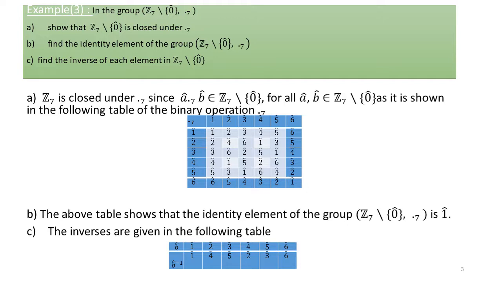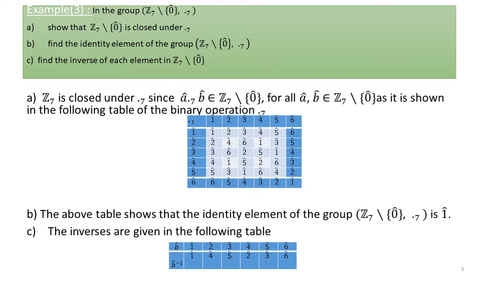Now when it comes to 2 and 1, 2 into 1 is 2, 2 into 2 is 4, 2 into 3 is 6, 2 into 4 is 8, reduced by mod 7 it is 1, 2 into 5 is 10, 10 mod 7 is 3, 2 into 6 is 12, 12 mod 7 is 5.